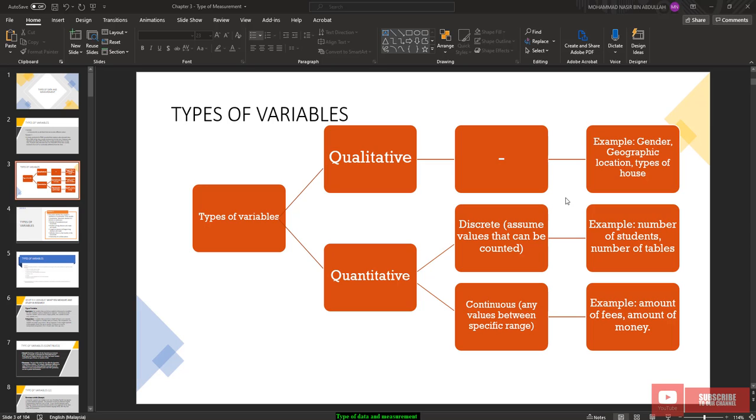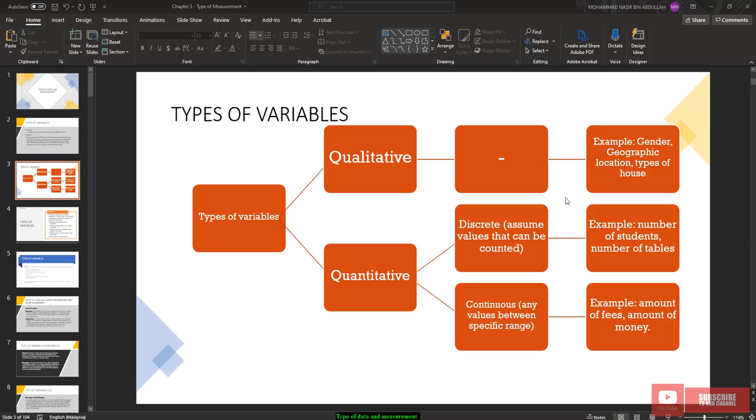What is the difference between discrete and continuous quantitative variable? So discrete assumes values that can be counted. It means in terms of whole number, if you see number of children, number of cars, number of students, number of tables, we need to count to get the value, right? So this is a discrete quantitative variable.